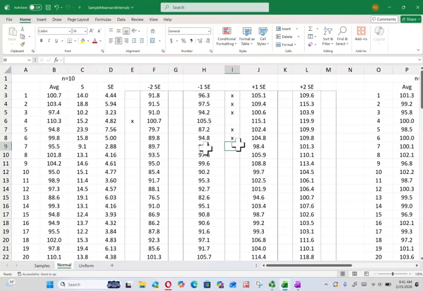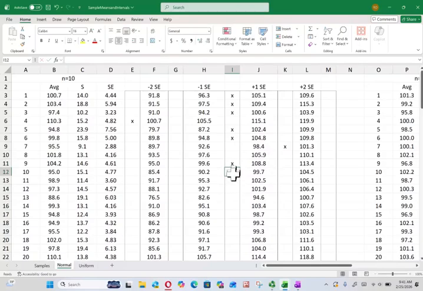So if we go down here, here's number 7, and the 100 is in the upper end. It's not outside of the 2 up. It's between 1 up and 2 standard errors up. The next one is right in the middle.